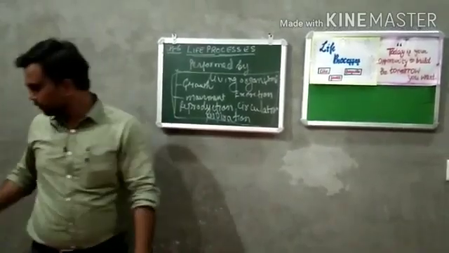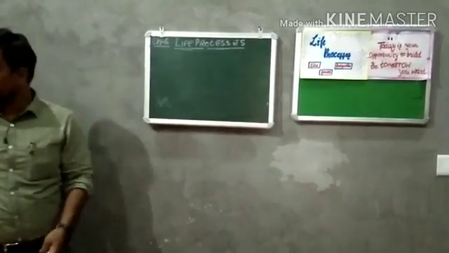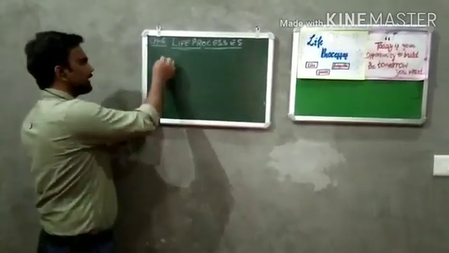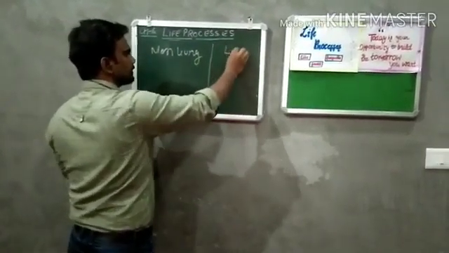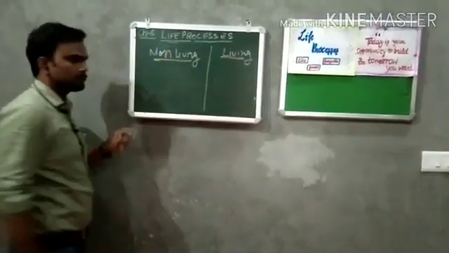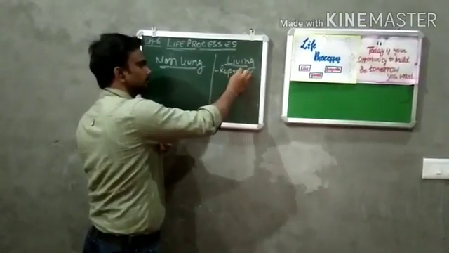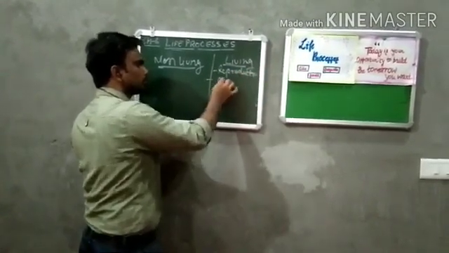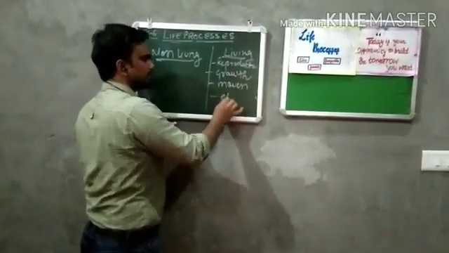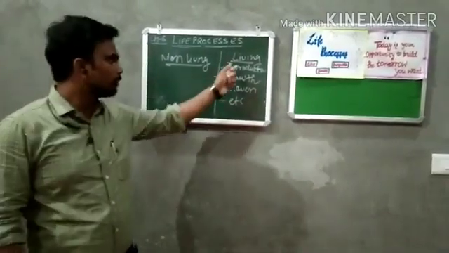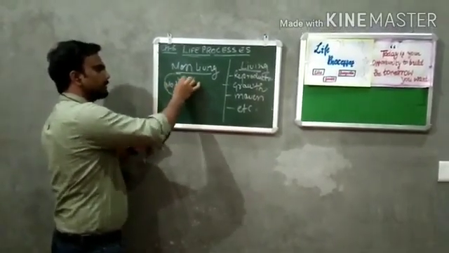Now I am going to teach you what a living thing is. How can you differentiate between a living and a non-living thing? The processes I just told you about, like reproduction, growth, movement, etc., are performed only by living organisms, not by non-living organisms.